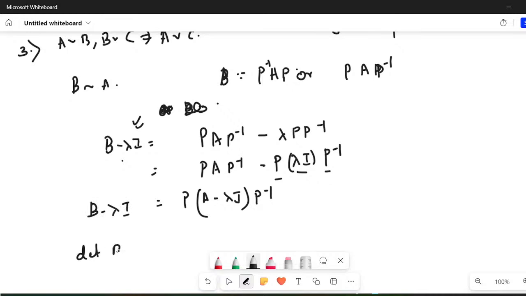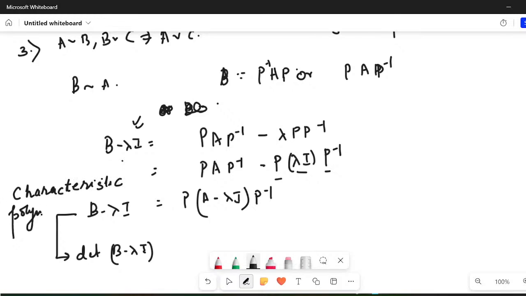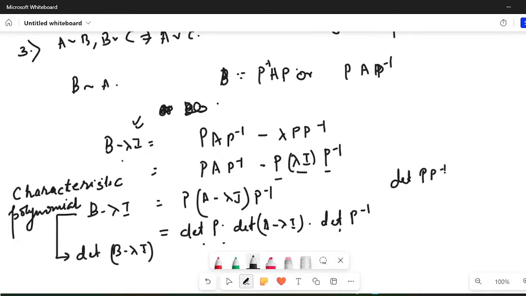What would be the determinant of B minus lambda I? That would give me the characteristic polynomial corresponding to B. This will be the determinant of P times the determinant of A minus lambda I times the determinant of P inverse. Always remember, determinant of P times determinant of P inverse is the determinant of the identity, which is simply 1.